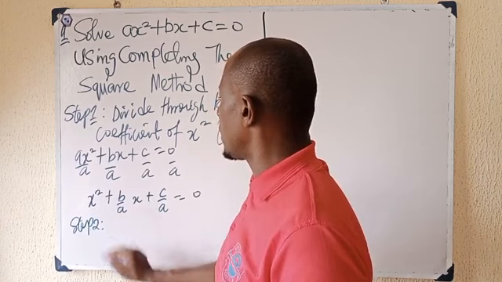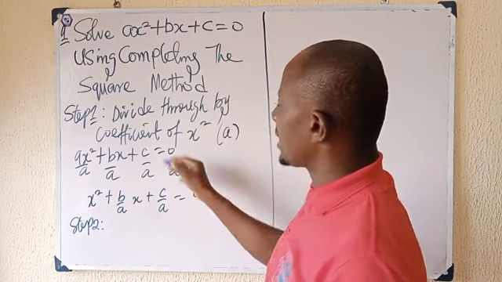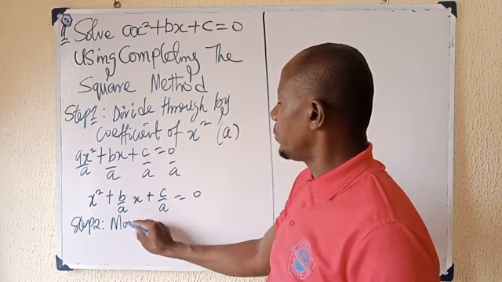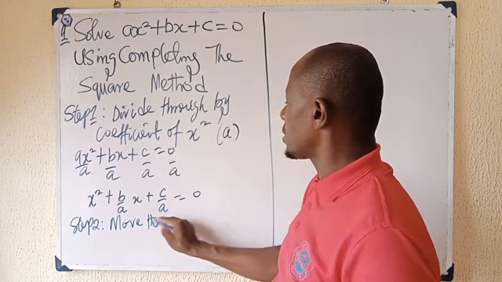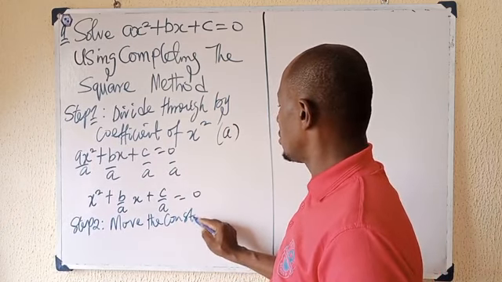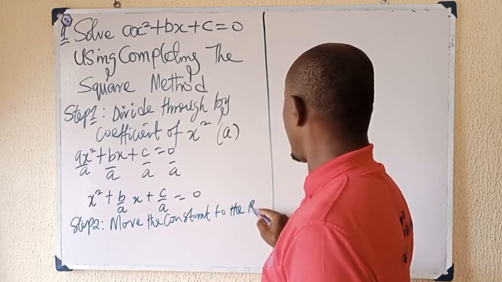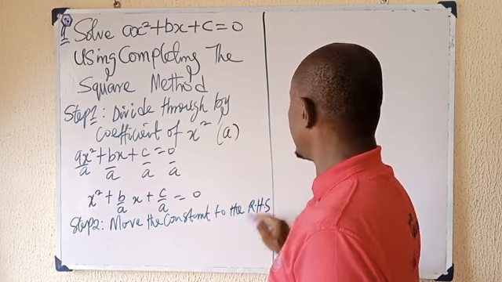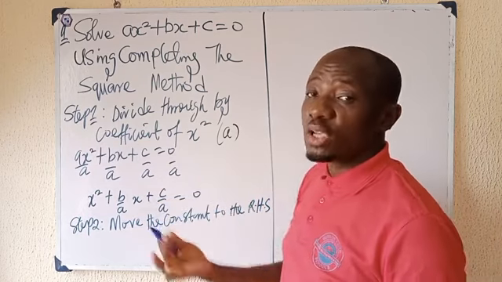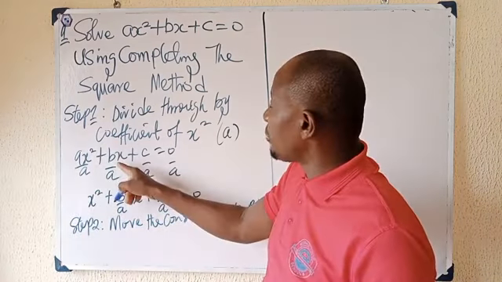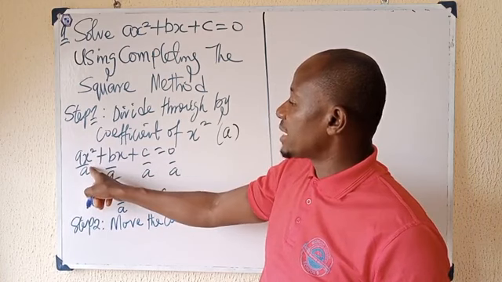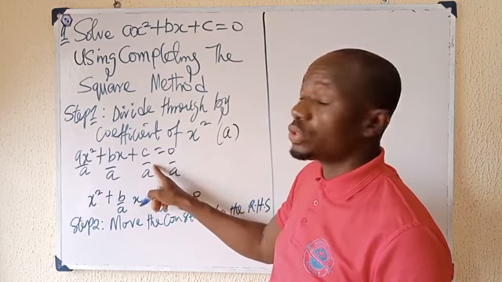Step 2 says move the constant to the right hand side. Now the constant is the particular term without the variable x. There is a variable x here, there is a variable x here, so there is no variable x here.